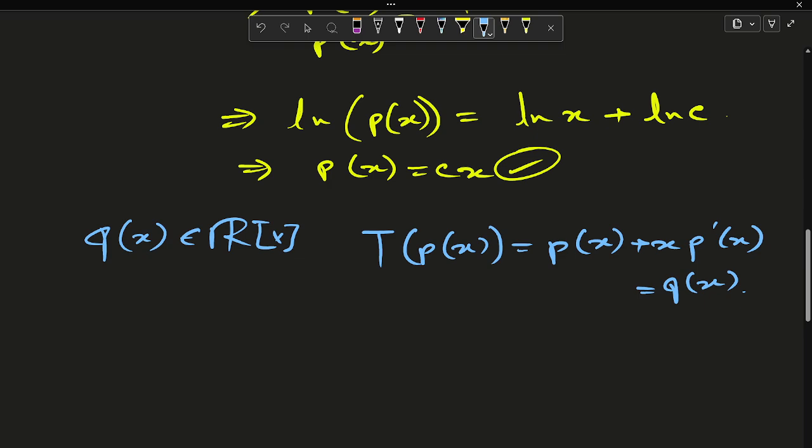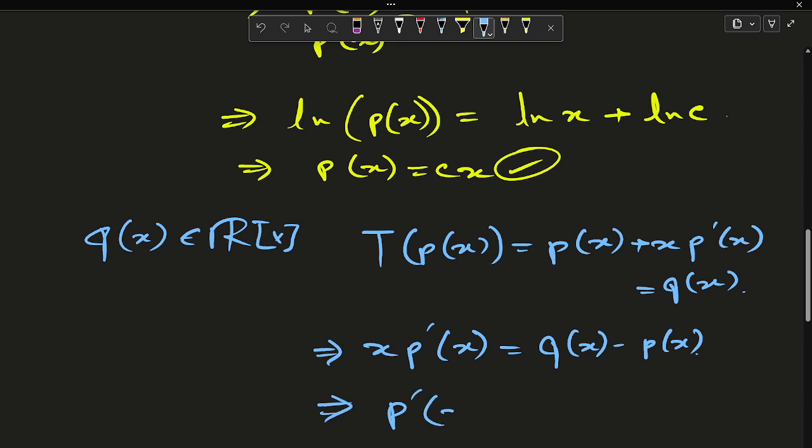Now rewriting that, we get x p'(x) equals q(x) minus p(x). Now dividing through by x, valid where x is not equal to 0, p'(x) will be (q(x) minus p(x)) by x.